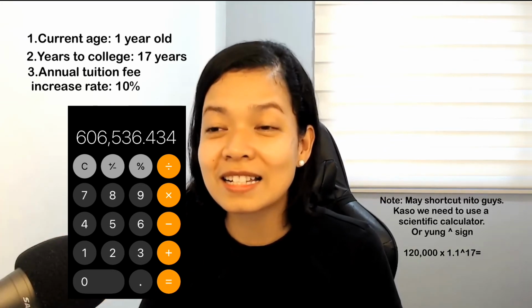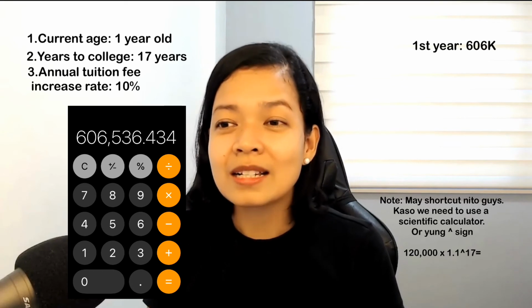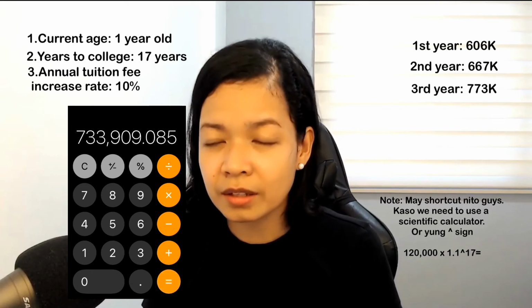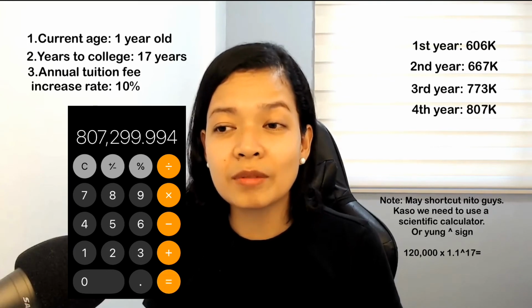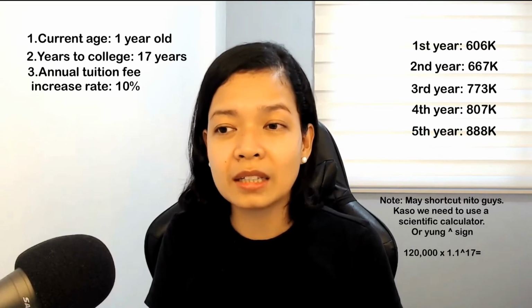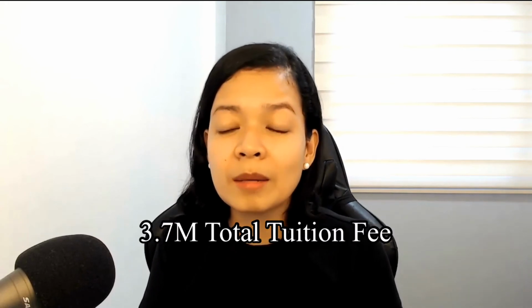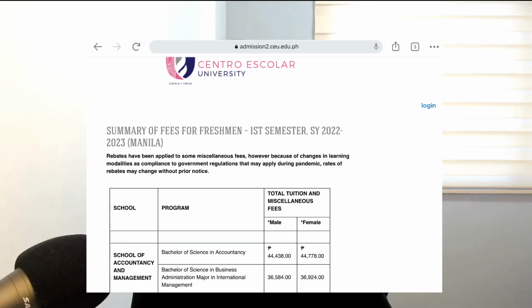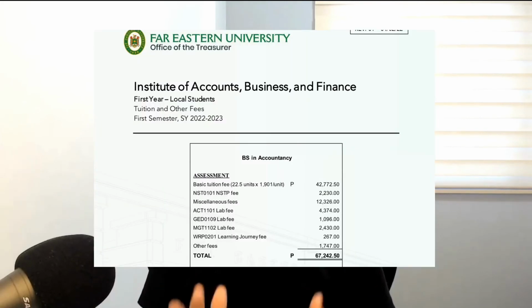So upon checking, nasa 606,000 sa first year, second year, 666,000, third year, 733,000, fourth year, 807,000, and fifth year is 888,000. So kung 5-year course yung anak mo, that's gonna be 3.7 million pesos. I actually check other schools like CEU, FEU, so nag-range din siya sa around 50 to 60,000 per SEM.